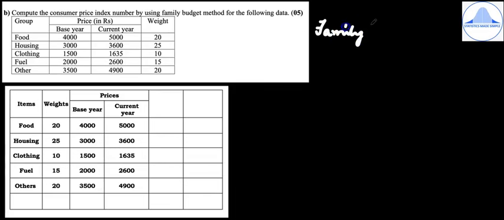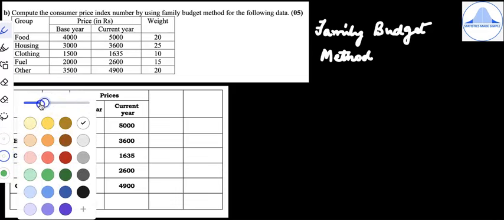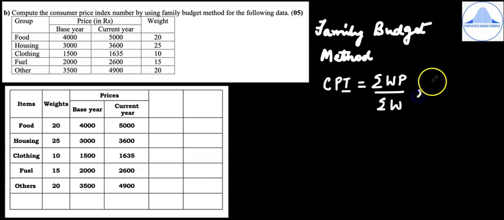So write family budget method. So the family budget method, the formula for the consumer price index is CPI is equal to summation WP divided by summation W. So P stands for the price relative.